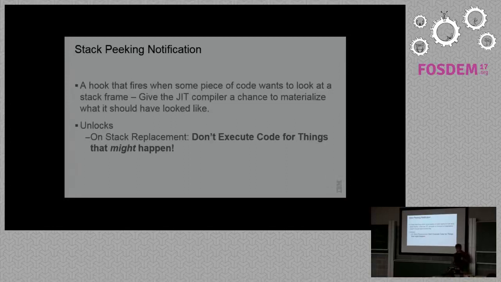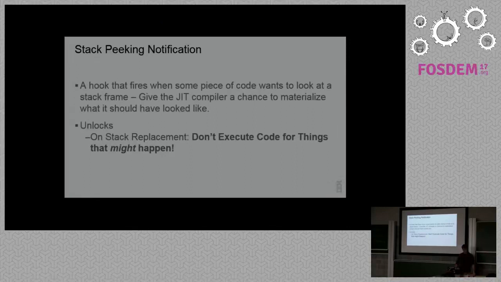Really, we don't want to be executing code for things that might happen. We want to only execute code for things that have happened. JITs typically get their best performance by lying to you about what they're doing. They hide as much as they can until you actually ask for it. We will only actually materialize things when they're needed.